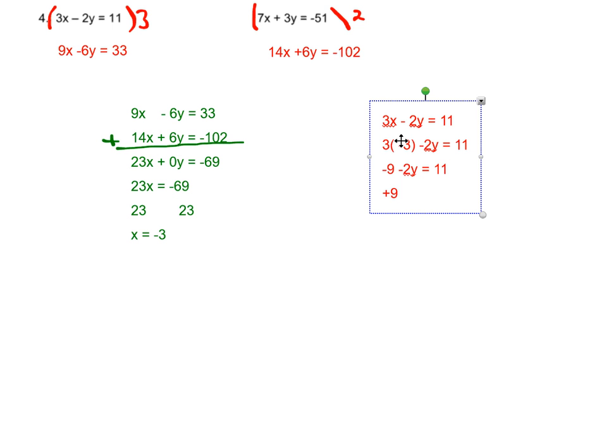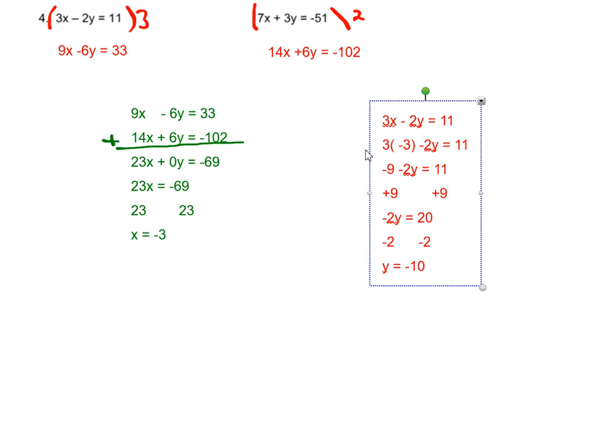I'm going to add 9 to both sides, and I'm going to get negative 2y is equal to 20, sorry. Divide both sides by negative 2, sorry about that, and I get y is equal to negative 10.